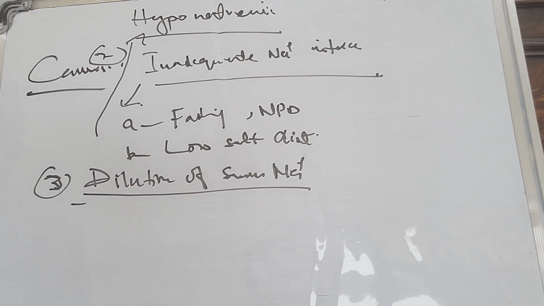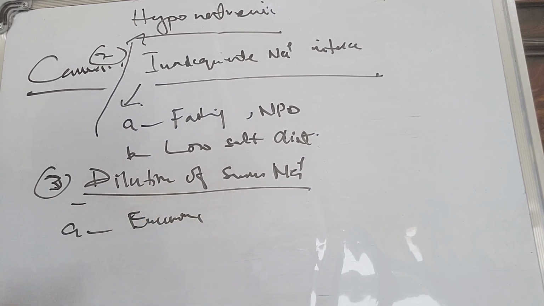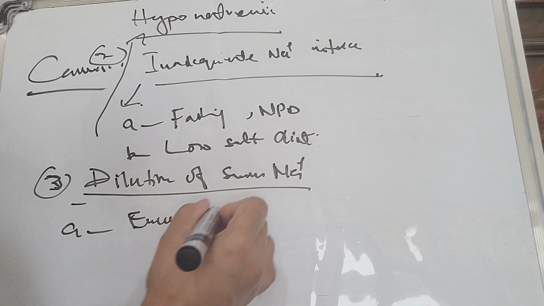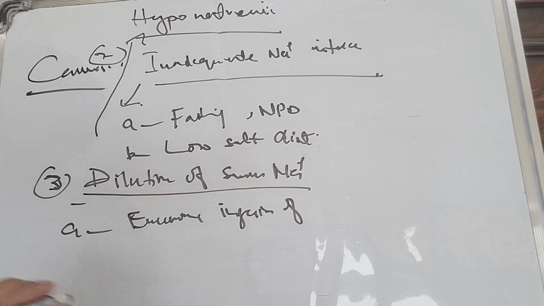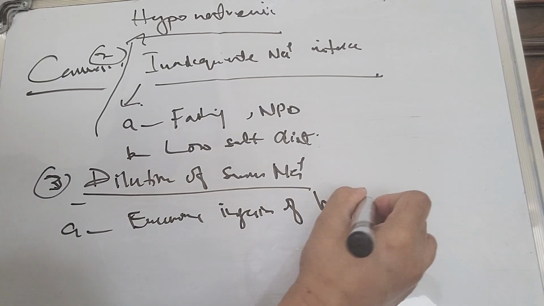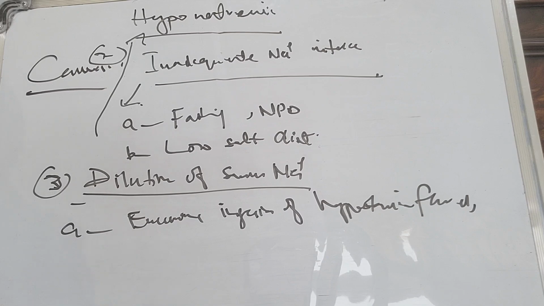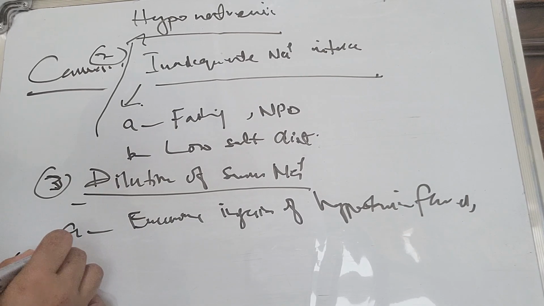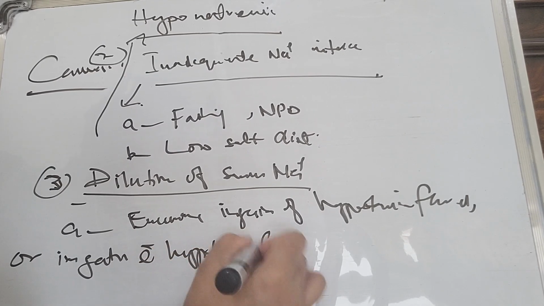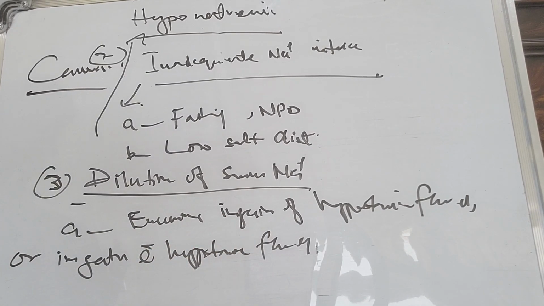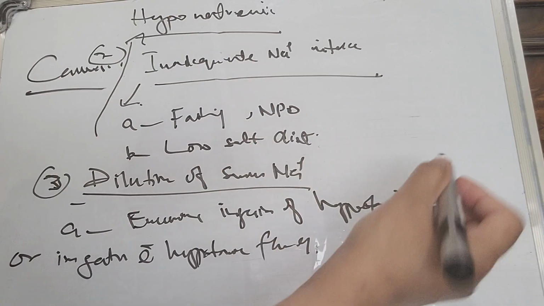Number A, excessive ingestion of hypotonic fluids or irrigation with hypotonic fluids. It means if the patient is taking too much hypotonic fluids, what will happen?